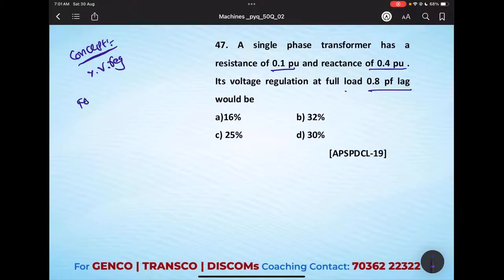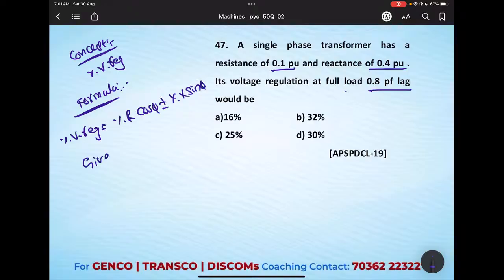What is the formula we know? Percentage voltage regulation equals percentage R cos phi plus or minus percentage X sin phi. Okay, let's note down the given data.